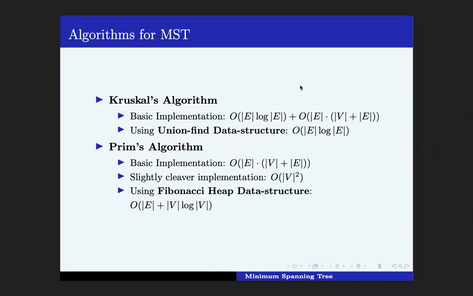Any MST, irrespective of what algorithm is used to find it, will have the same frequency of edge weights. From that you can easily prove that Kruskal's algorithm can produce any of the MSTs depending on the ordering of the edge weights.